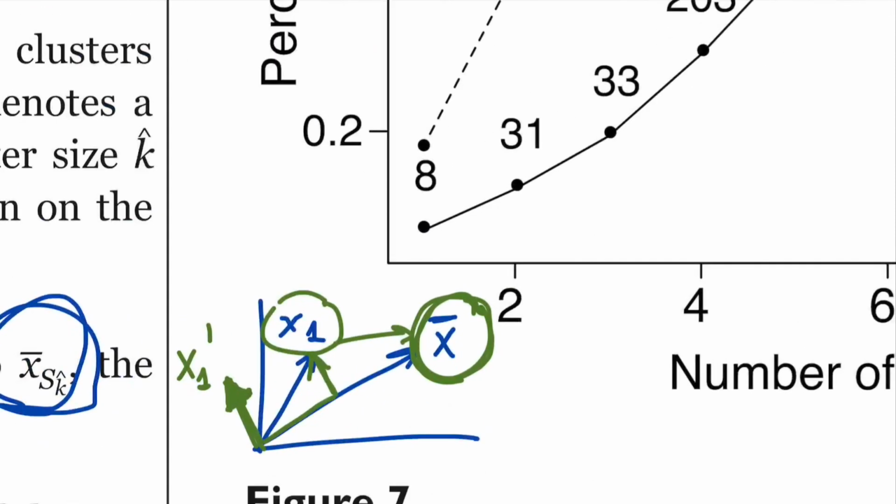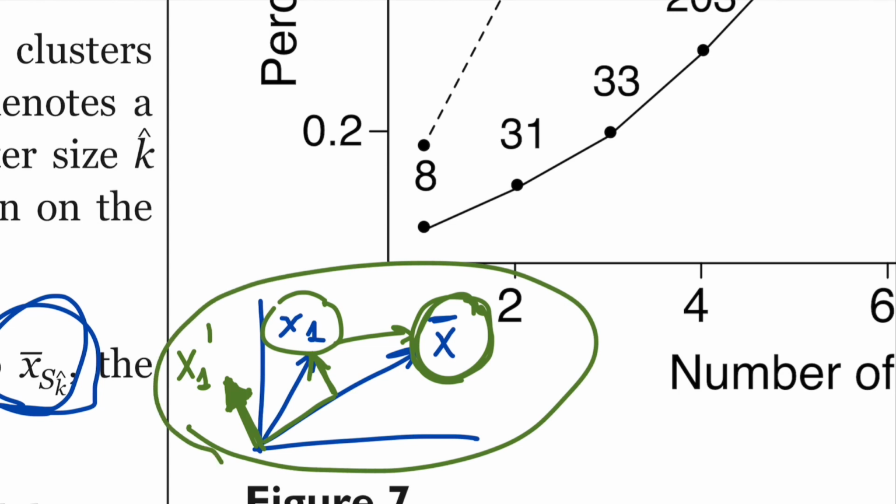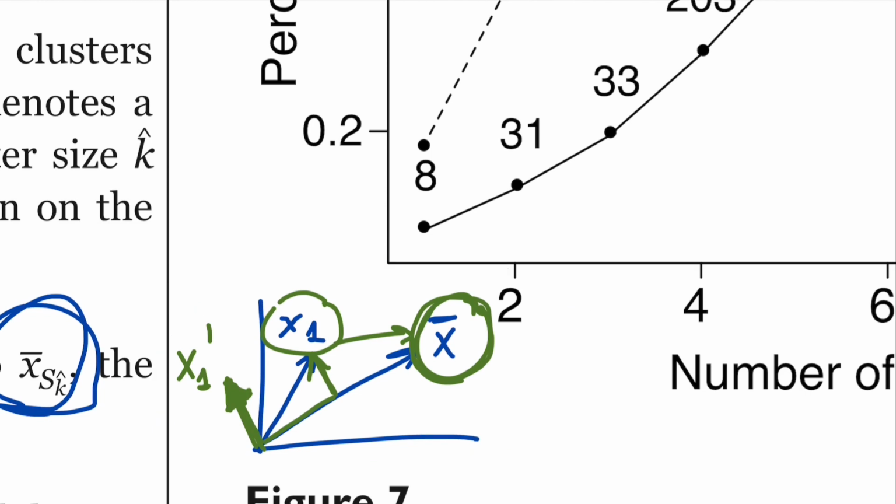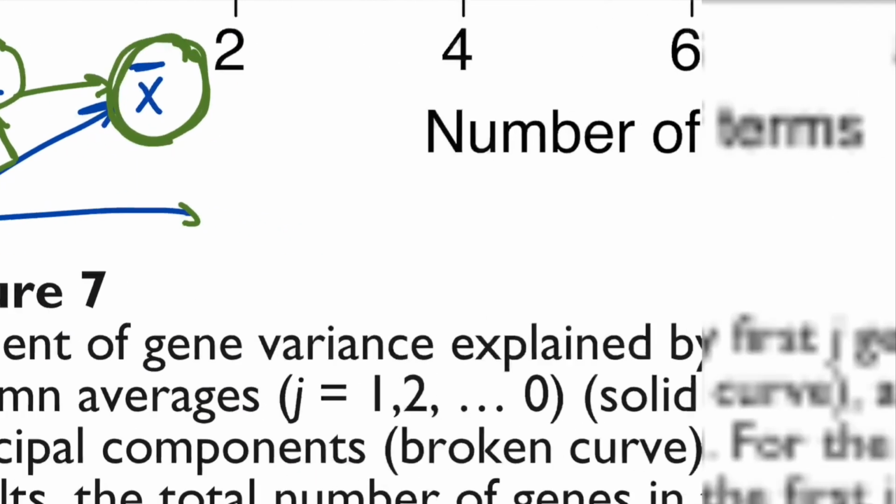Each time you run it, you do not want to get the same cluster. You want to have a different cluster. You want to ameliorate the influence that the cluster you have already found has on the next clusters. And one common way of doing that is to orthogonalize.